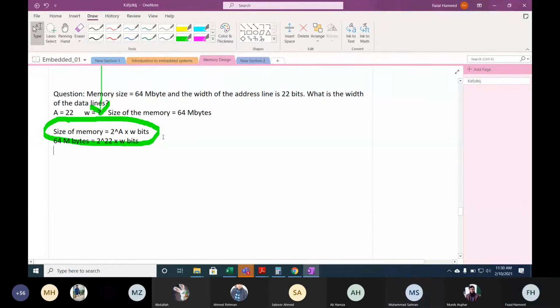How can I write 64? So actually 64 is 2 to the power 6.